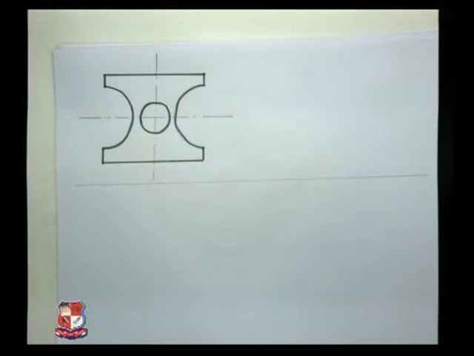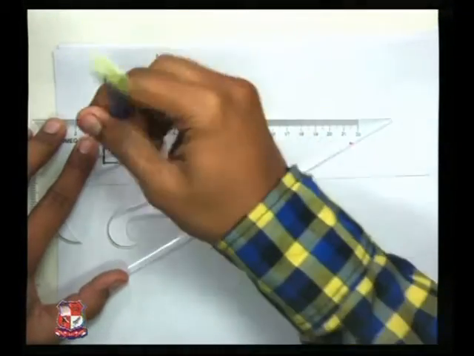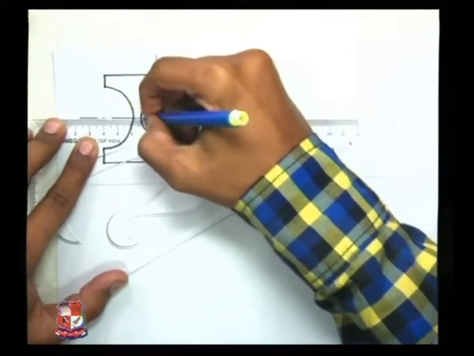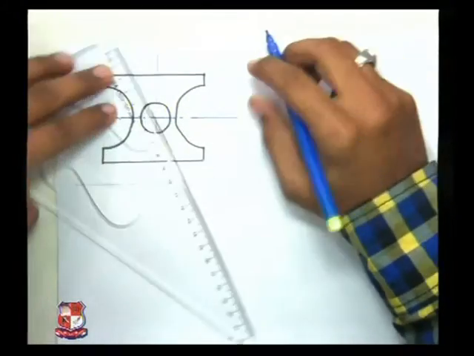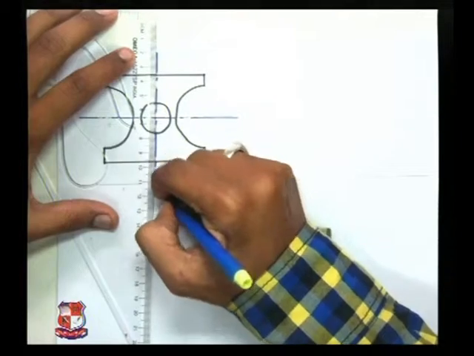This kind of object we can see. These all are our center lines.